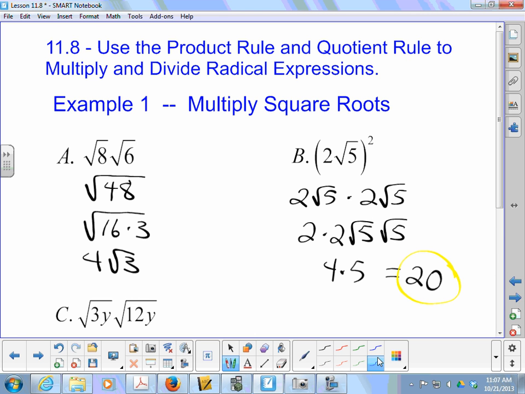This also means that I have 2 squared and the square root of 5 squared. What happens when you square a square root? They undo each other, right? And so this would be 4 times 5 also. So you can think of it either way. But remember, when I have something times itself, it's being squared, and so the square root and the squared undo each other. So I just end up with that number.